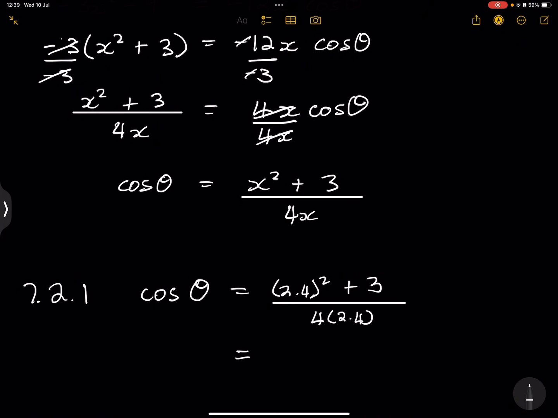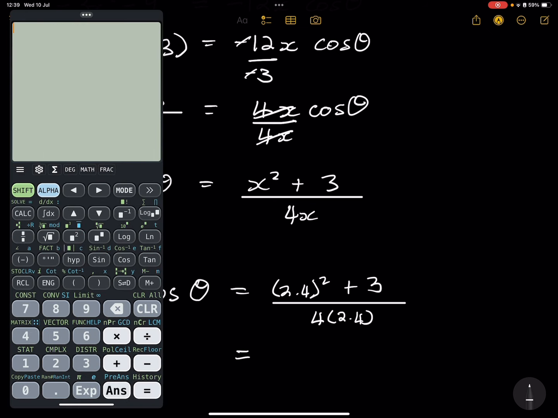All right, now ladies and gents, of course, let's find that expression. So that's 2.4 squared plus 3, and all of that divided by 4 times 2.4. Okay, of course, we get 0.9125.